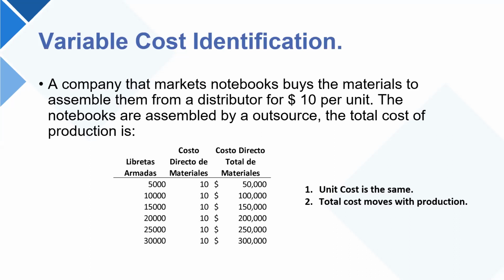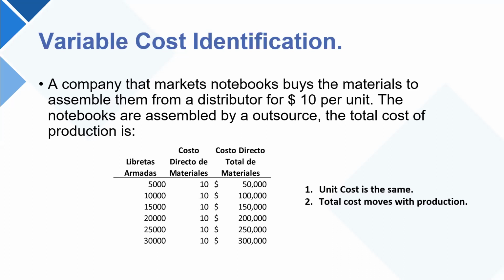This example says that we have a company that markets notebooks. The company goes out, buys the materials to assemble the notebooks, and it pays 10 pesos per unit of material. That's it. It buys its raw materials, and each unit costs 10 pesos. Whatever the raw material is, it's material used to build notebooks.